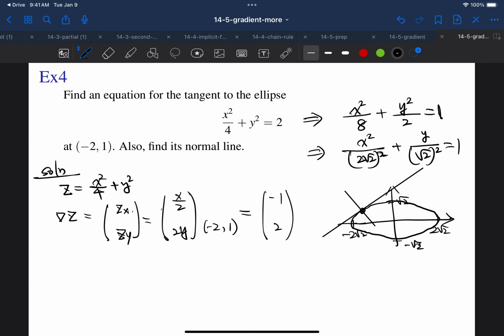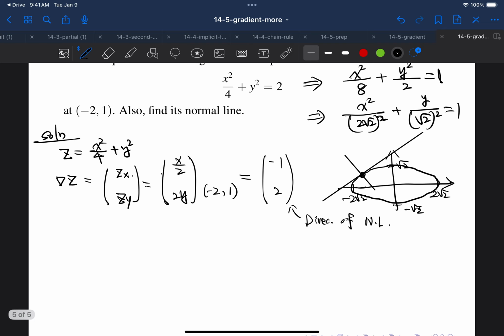So this is the direction of the normal line. Strictly speaking, the direction has to be normalized by its length. Now, what it means is the normal line equation is the same as 2, -1. So this is the equation with the direction along this.